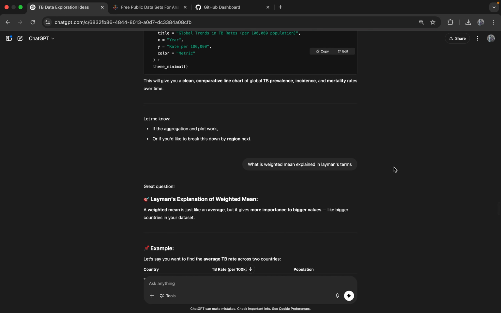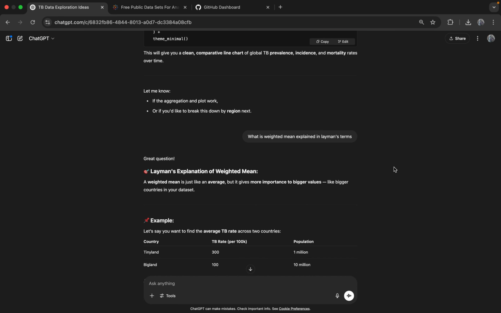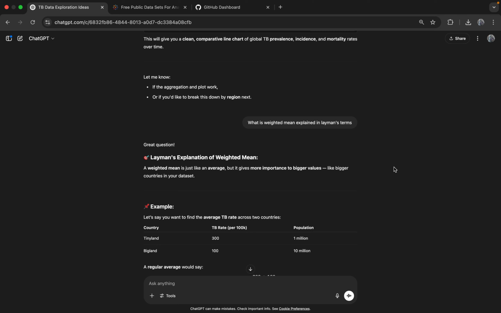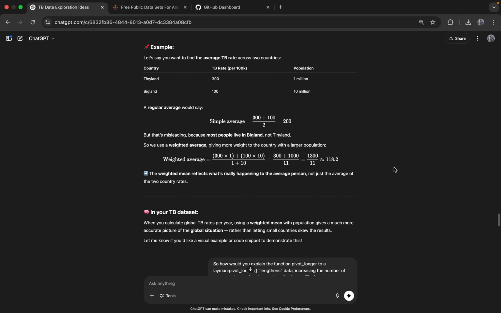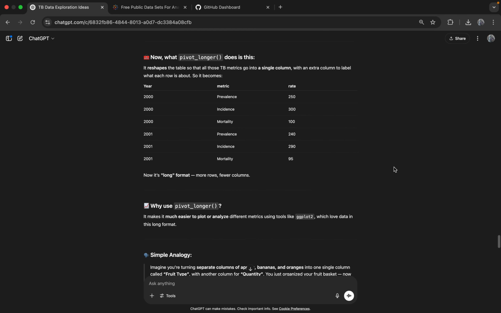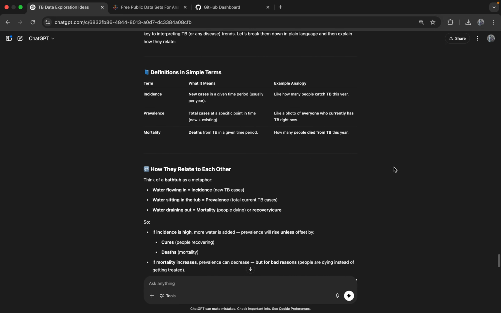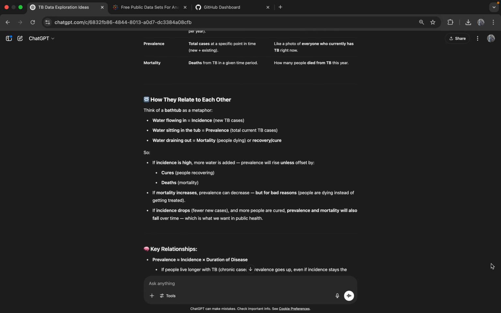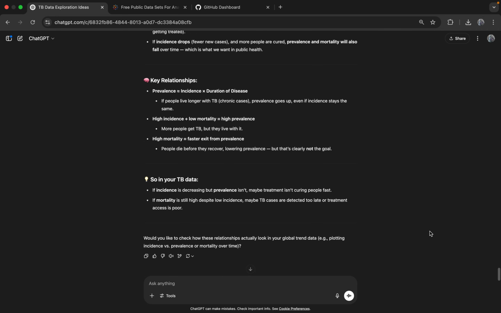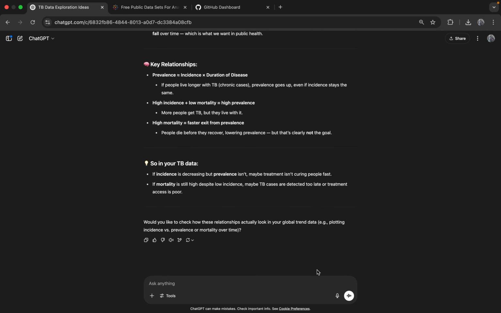So we've seen a comparative line chart of TB prevalence, incidence, and mortality rates over time. Check correlation, plot each pair of indicators.